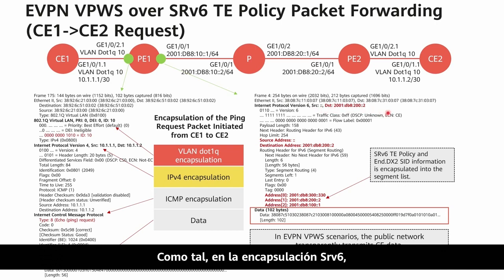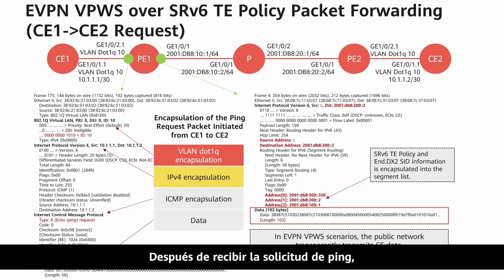As such, in SRv6 encapsulation, the destination address is the End.X SID configured on the P, and an SRH containing SRv6 TE policy and End.DX2 SID information is carried. In EVPN VPWS scenarios, the public network transparently transmits CE data.